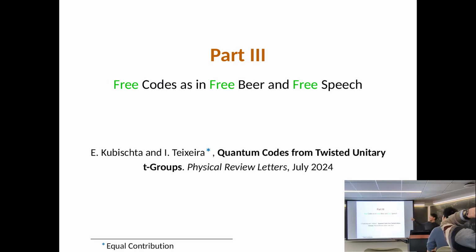Okay. So this is part 3. Free codes, as in free beer and free speech. This is an actual line from our first archived version of the paper, Quantum codes from twisted unitary t-groups, which we originally called Free quantum codes from twisted unitary t-groups, because we were so excited that we were having this moment. We were working so hard to optimize and drag these codes out using numerical searches and all this nonsense.